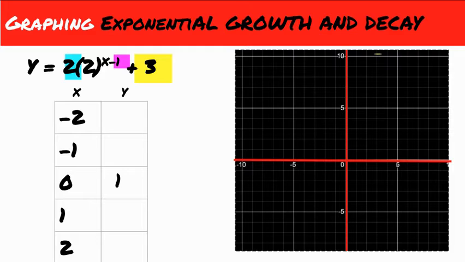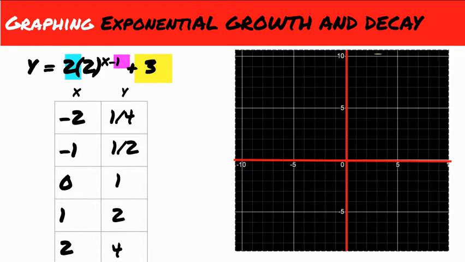When we plug in a 0, we get 2 to the 0. Anything to the 0 power is 1. 2 squared is 4, and 2 to the first is 2. 2 to the negative first is 1 over 2 to the first, and 2 to the negative second is 1 over 2 to the second.